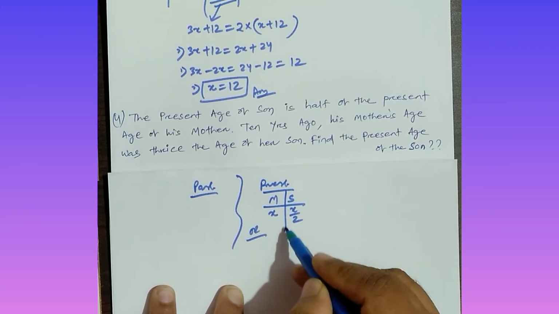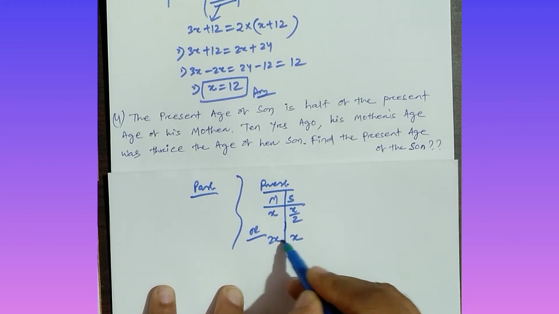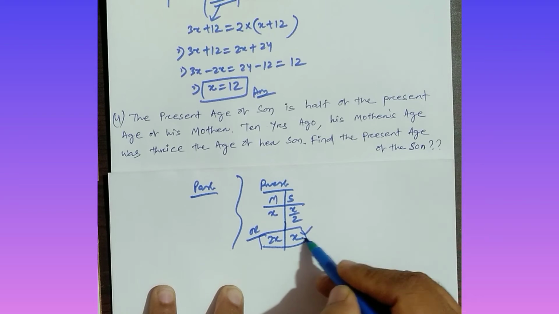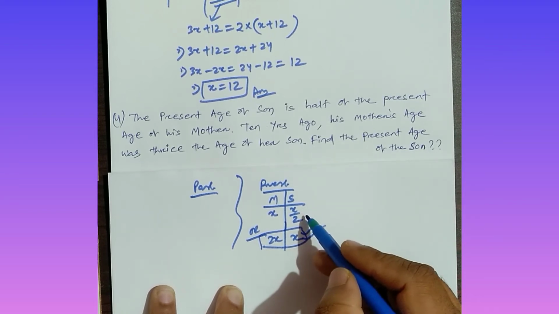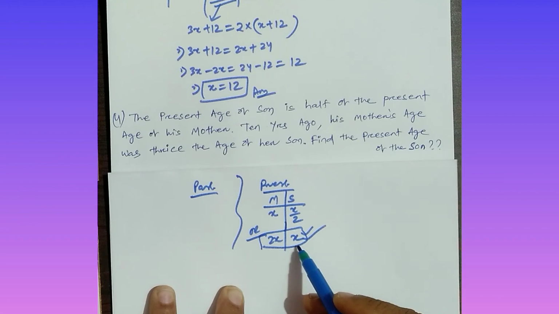Or you can take the son's age as x and the mother's age as 2x. This one is most compatible as compared to the other. Let's suppose I take the son's age as x. So obviously the mother's age will be 2x.